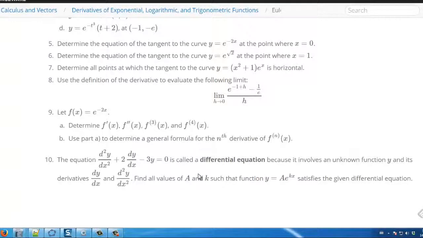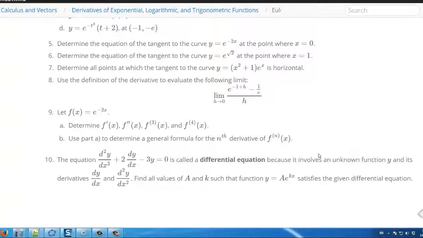Okay, so the example we did is there on the screen now. So question number 10, that's a differential equation.